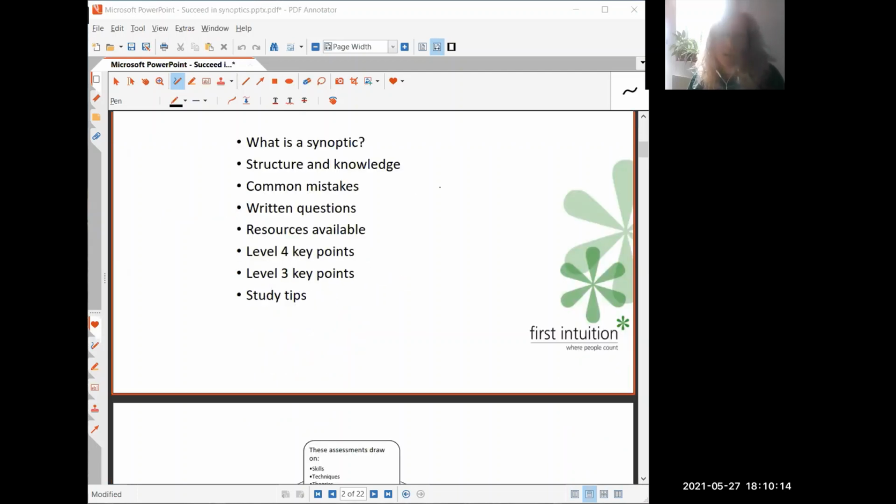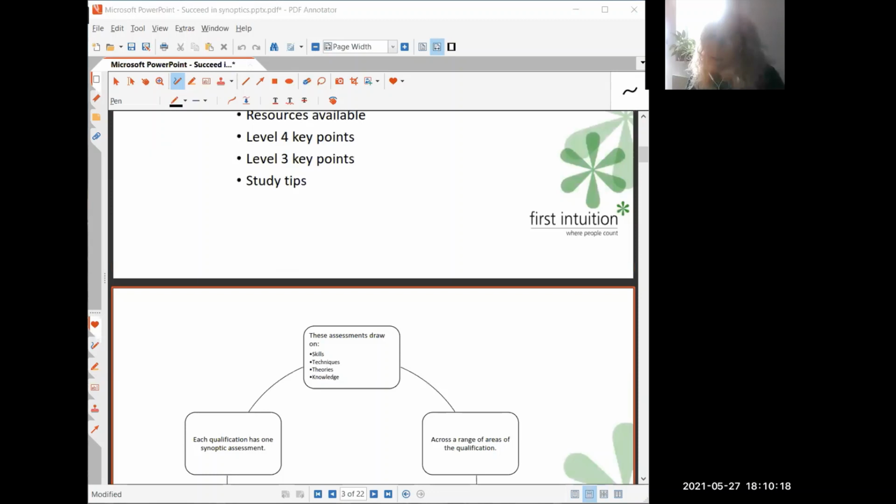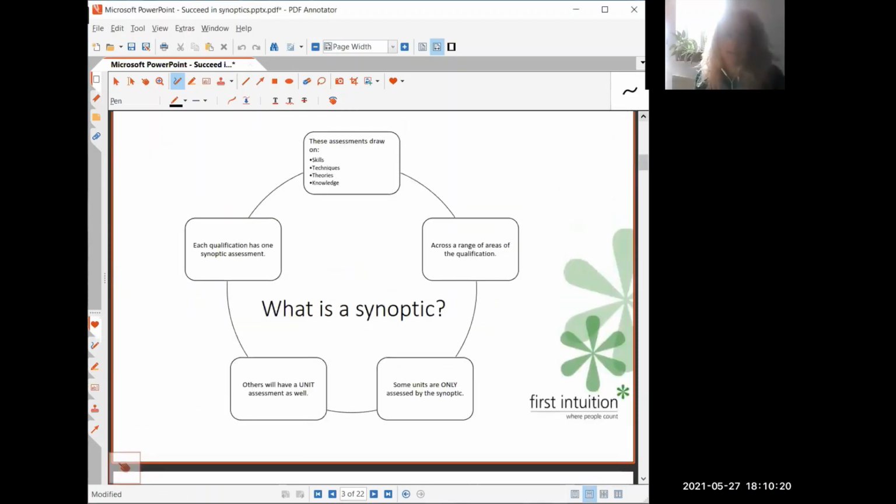So starting with, what is a synoptic? Synoptic just means it's holistically testing a number of different areas together. So the assessment is going to draw on skills, techniques, theories and knowledge that you have covered across a range of units. So different areas of the qualification are going to be tested together.